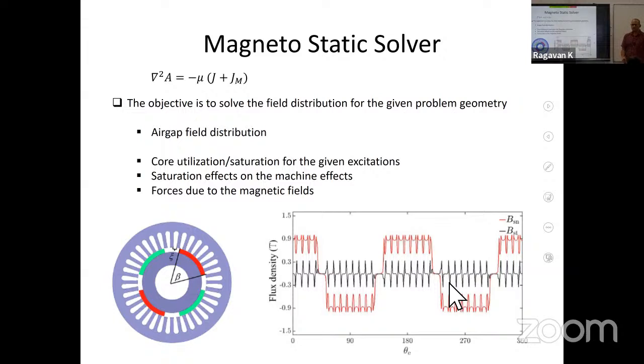Examples of where you would use this: you want to understand to what extent the core got saturated, or what the field pattern in the air gap is. In transformers, to what extent the core is getting utilized. Can we reduce the width or height of the transformer legs? Then we use this kind of static solver.